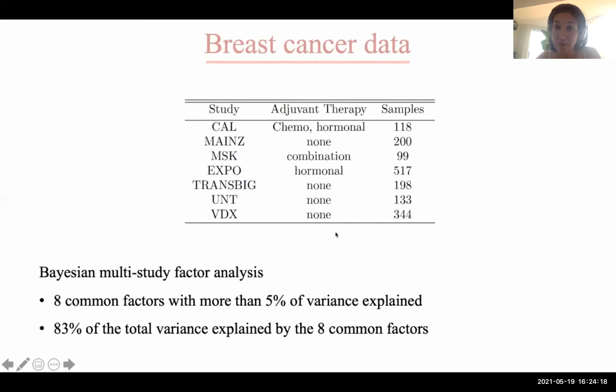We have different adjuvant therapies, and we have around 10,000 genes. First of all, we retain the factors that explain more than 5% of the variance. The Bayesian multi-study factor analysis retains 8 common factors shared among all the studies, and together they explain 83% of the total variance.